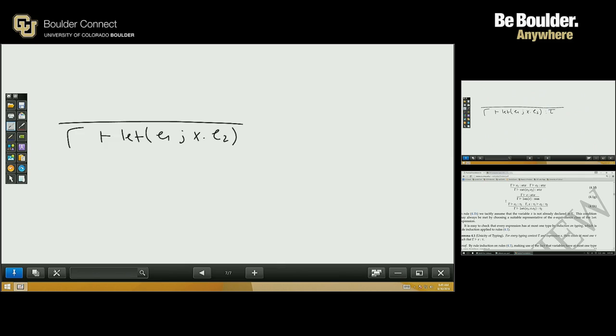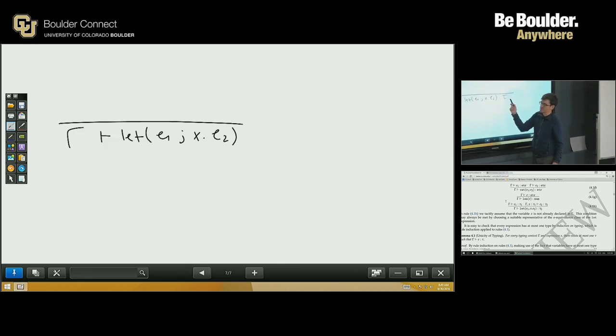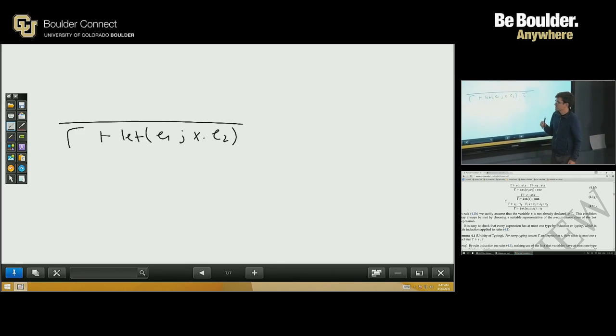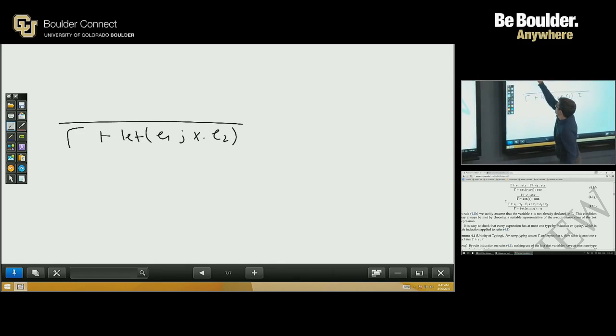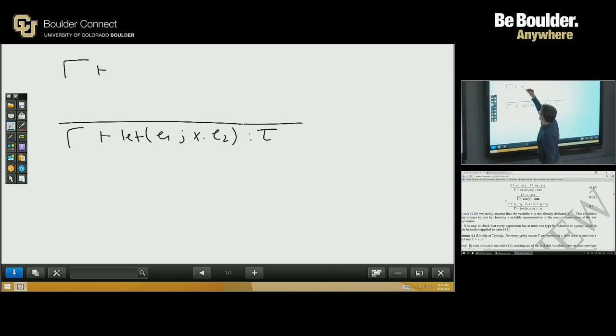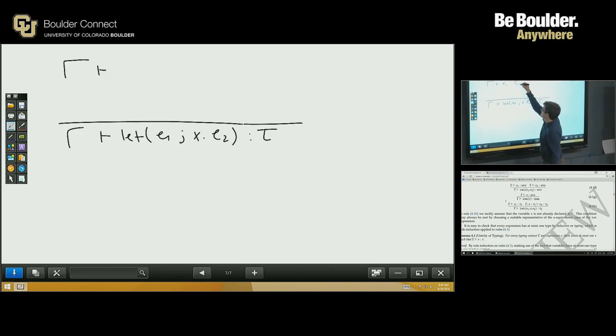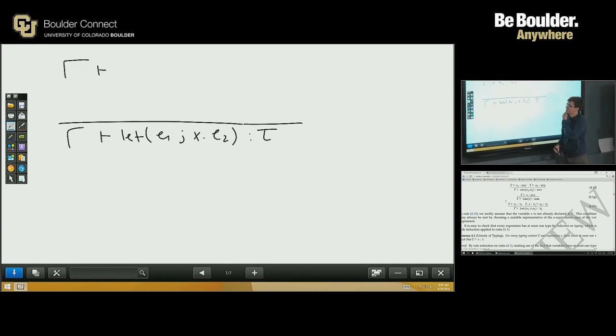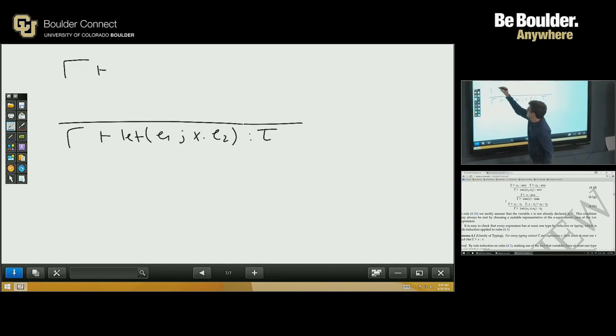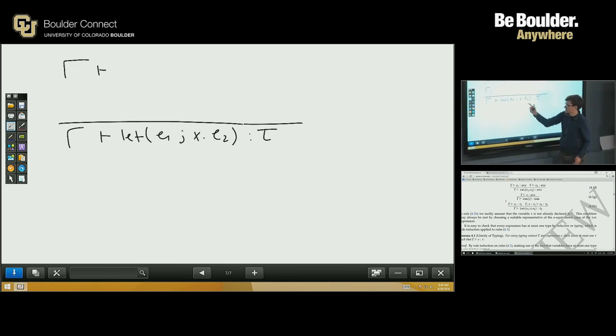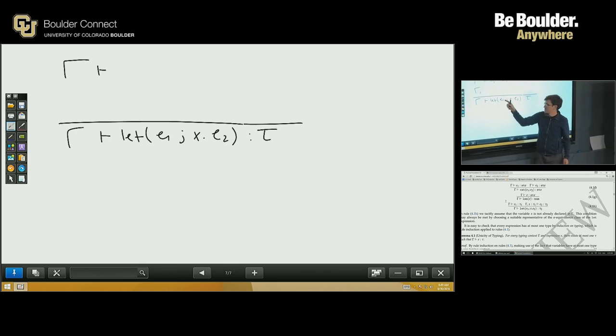If I'm trying to conclude this whole program that consists of this let definition has type tau for some tau, the way I do that is first I type E1 and say that it has some type, call it tau x. Now the whole point of this let is so that I can produce a value and then have that value be available when I execute E2.